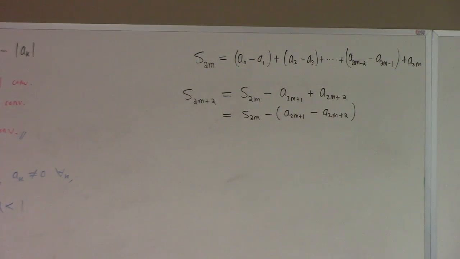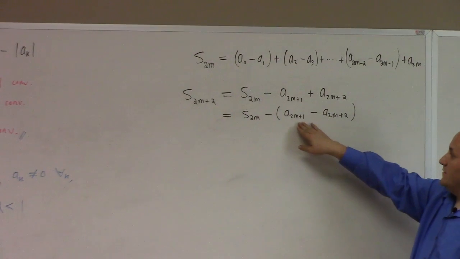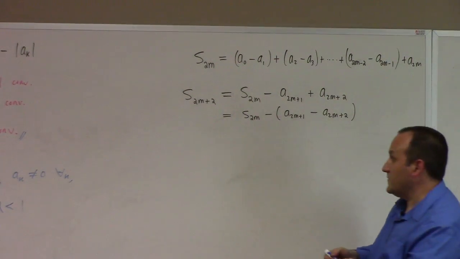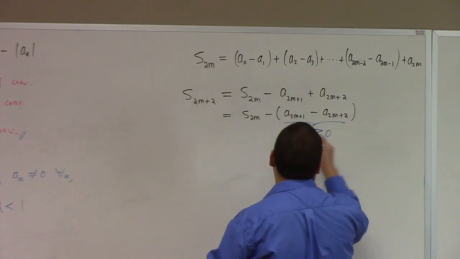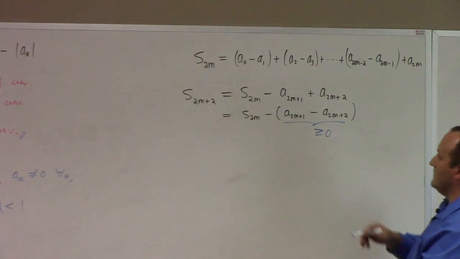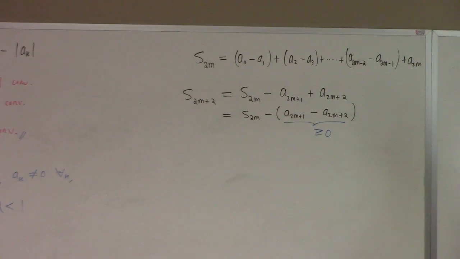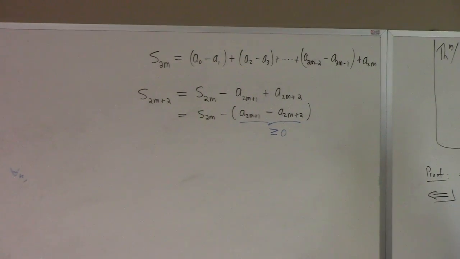This is a necessary condition for this theorem to go. Yeah, exactly. This is a positive number, or possibly at least not negative, right? So what does that say about this? We're taking s sub 2m plus 2, we're taking s sub 2m, and we're doing what? We're removing a positive number from it. What does that say about the partial sums themselves?